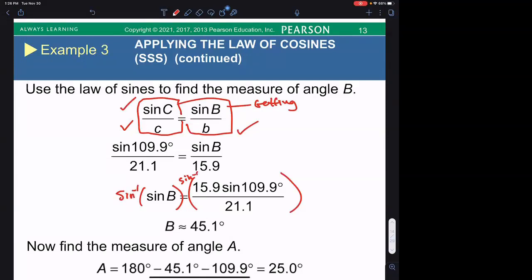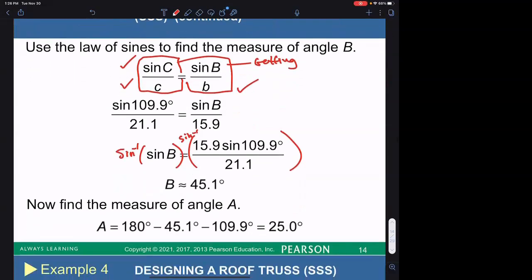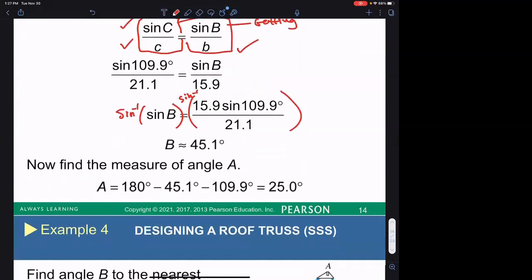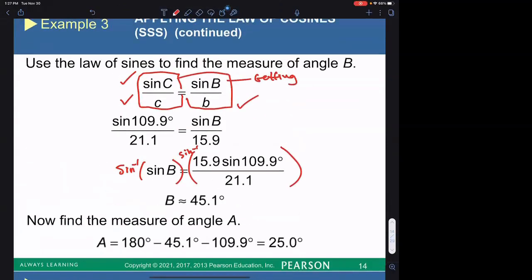It is possible, if angle B was more than 90 degrees, that the inverse sine might give you a negative angle here, and you would have to use the properties of sine to get the positive angle by moving over to the other side of the sine function, basically. And so just keep that in mind, but I think this will pretty much regularly work. So this gives us angle B.